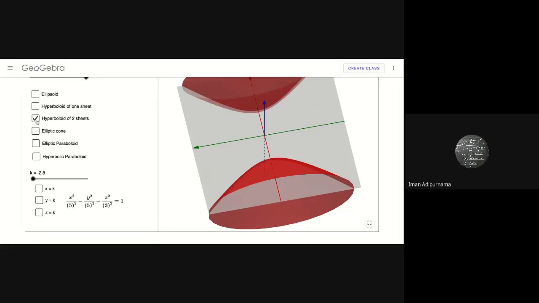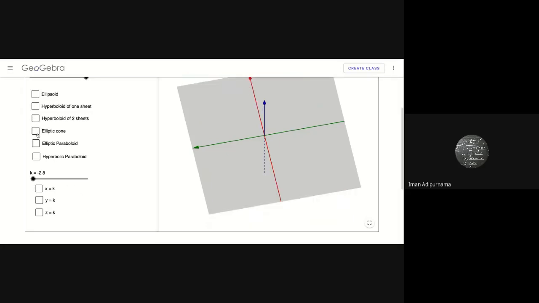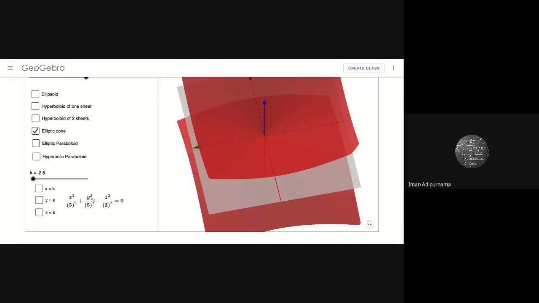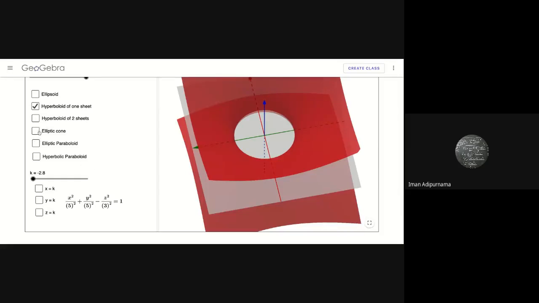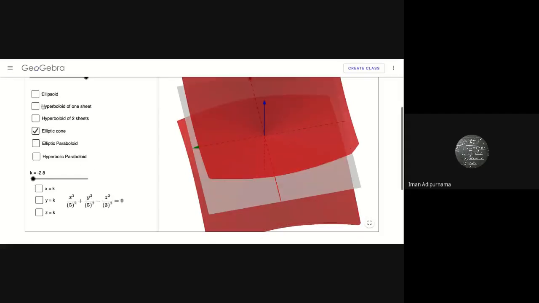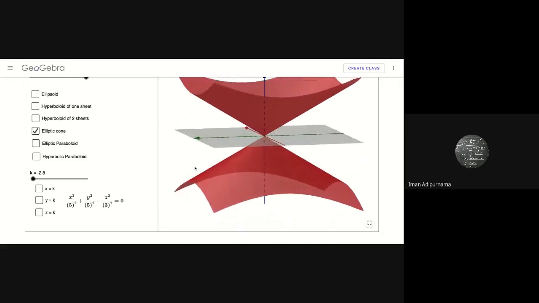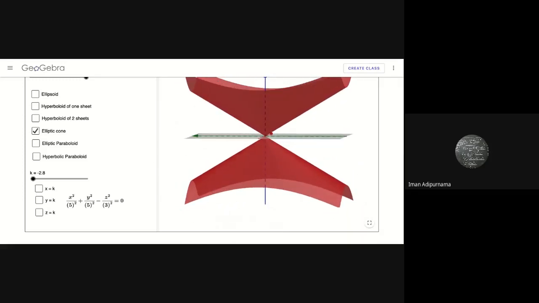So that's the difference. And the elliptical cone has two positive squares and one negative square.